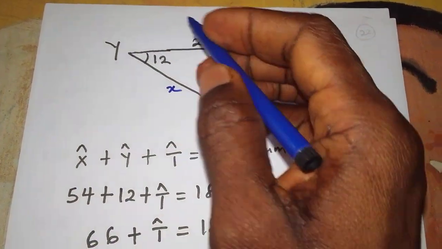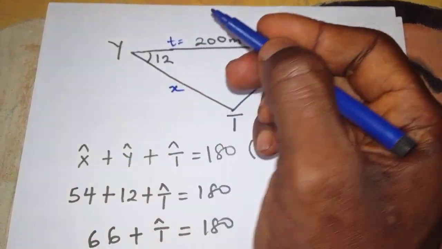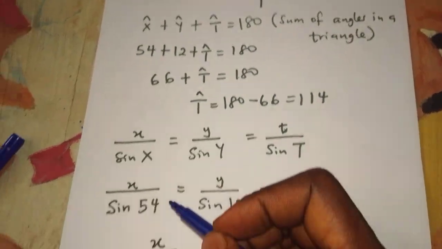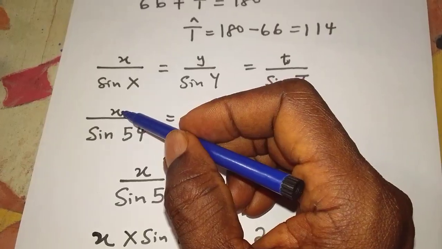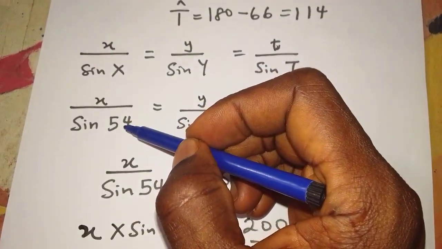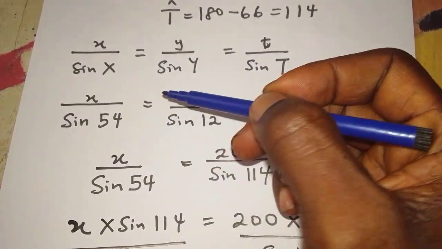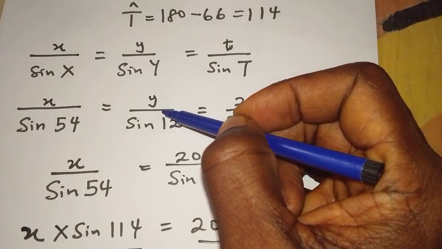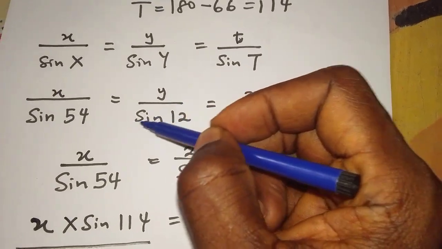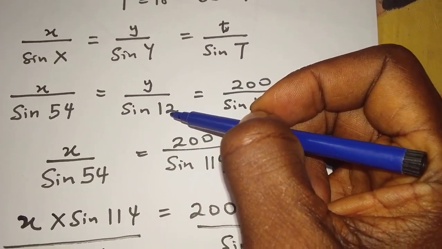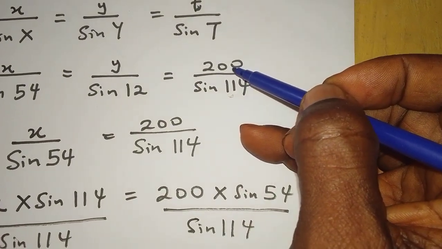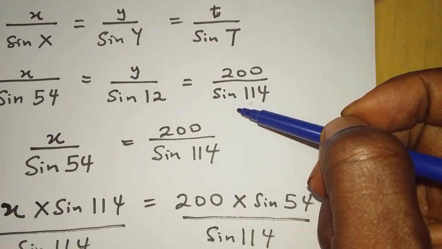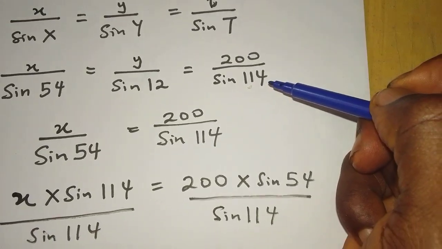The side t is the line facing angle t. So we are now going to substitute there. So we don't know the value for x; over angle x is 54, sine 54, is equal to, we don't know the value for side y, over the angle y is 12, sine 12, is equal to, the side t is 200 divided by sine 114.